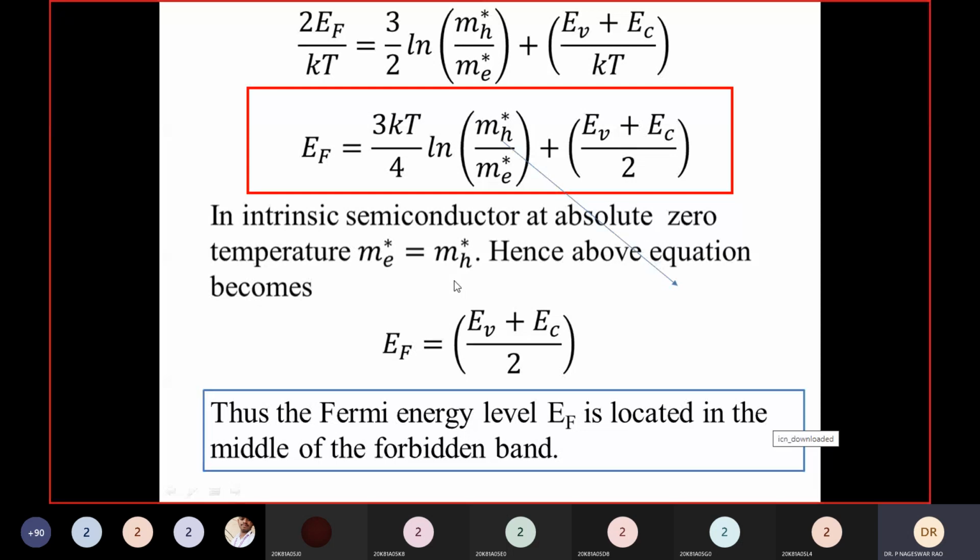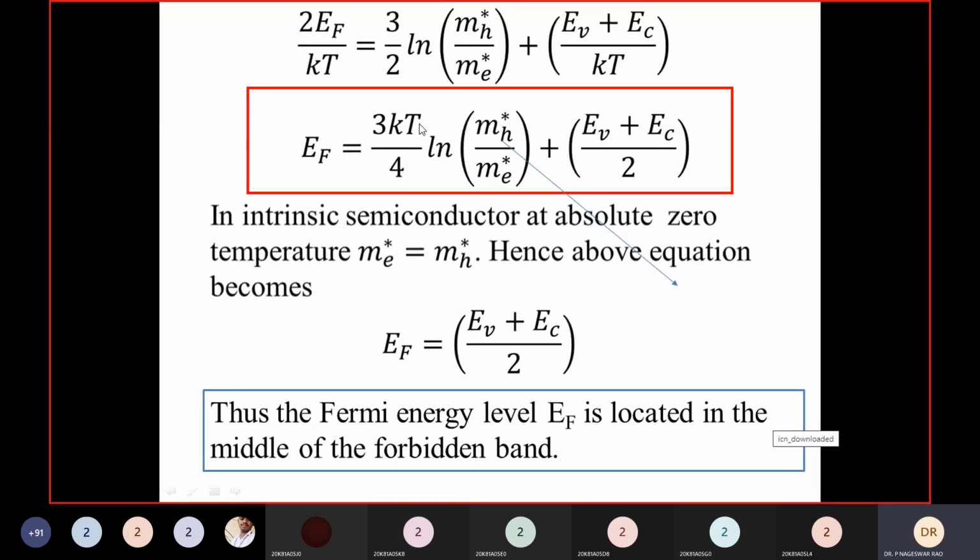Hence the equation becomes Ef is equal to (Ev + Ec) by 2. Absolute temperature means T is equal to 0. If you substitute T equal to 0, Ef is equal to (Ev + Ec) by 2.